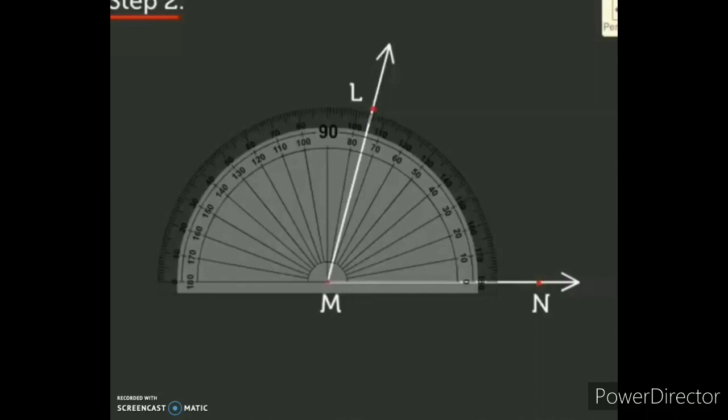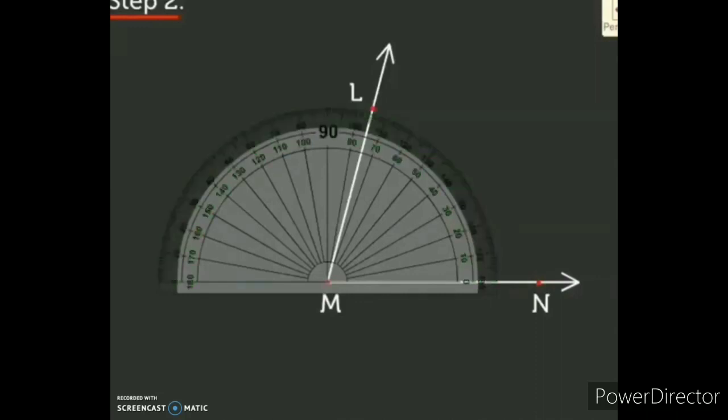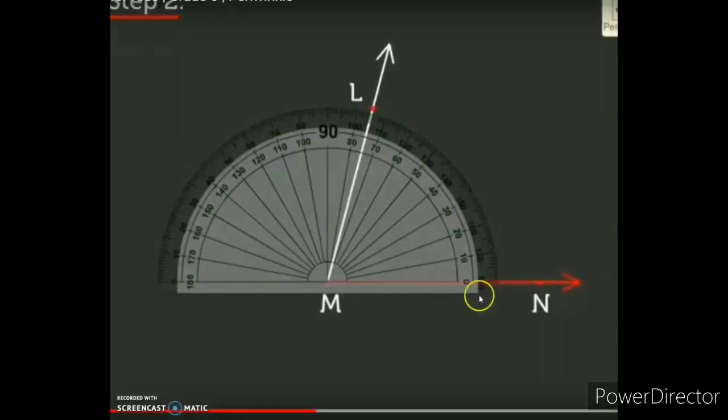Here the base is MN. You will measure the angle from the right side as the arrowhead is pointing towards right. So from right, you will start from 0, and move towards, it's showing 75 degrees.